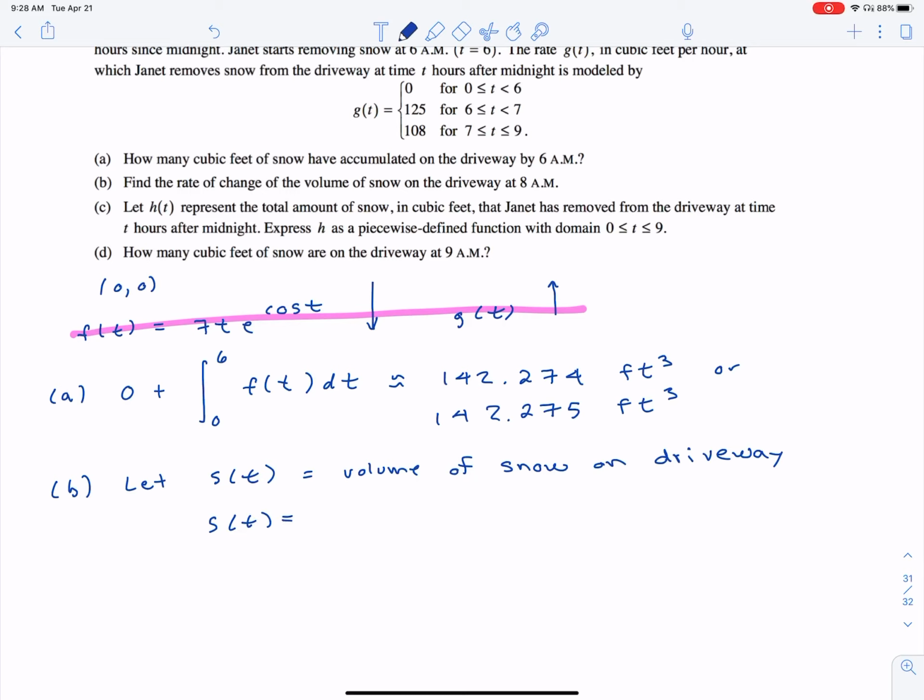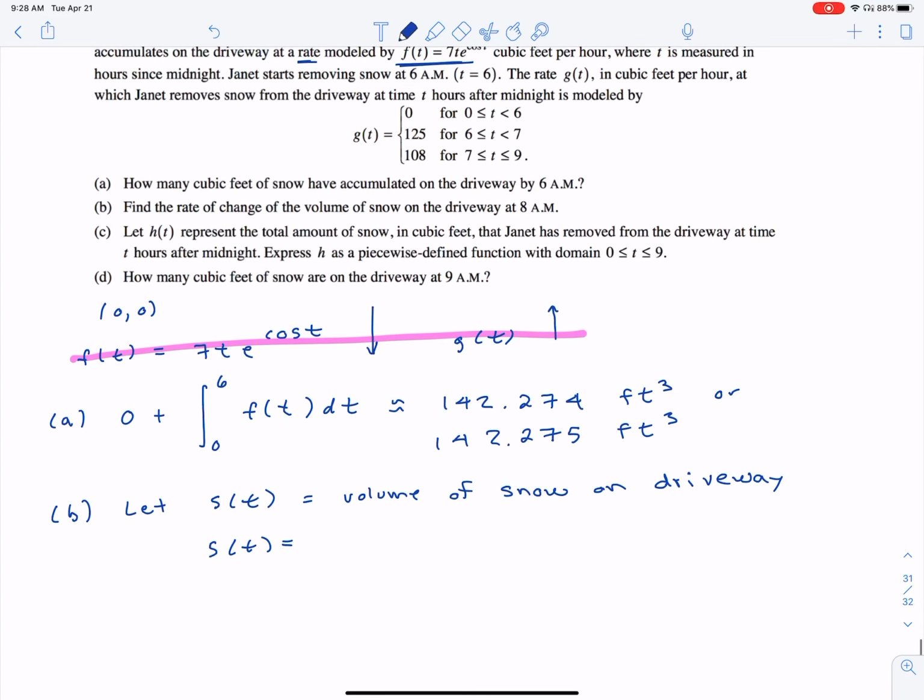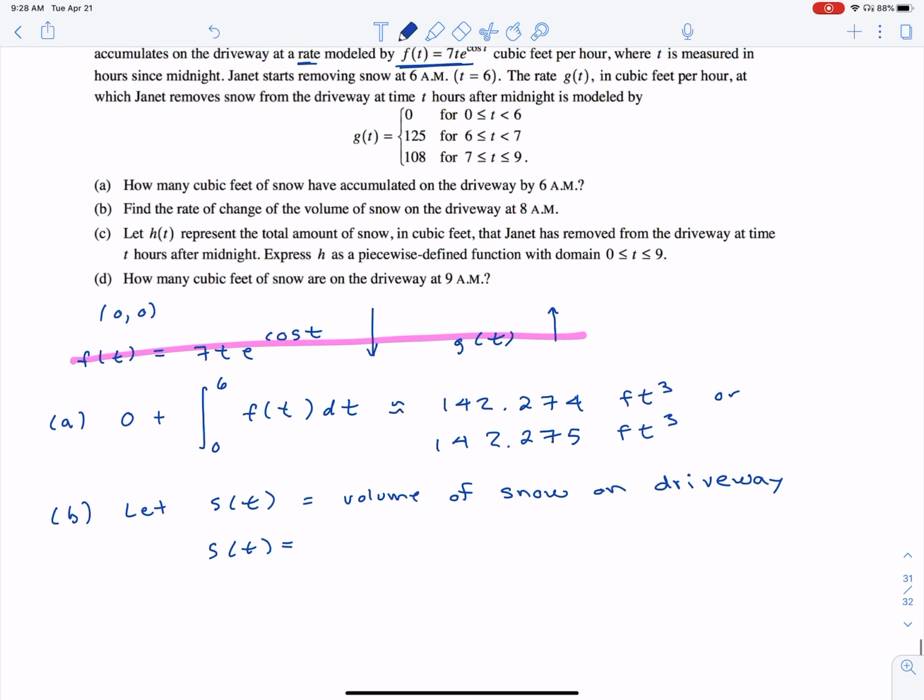Well, since we're talking about rates of change here, it's going to equal the rate of change of the amount of snow falling on the driveway. So the rate of change of snow building up on the driveway, which was given by f of t. But then we're going to be subtracting the snow she's removing, so g of t. Okay? And then from there, we have to figure out what it is at time 8. So I'm going to evaluate my function at time 8.